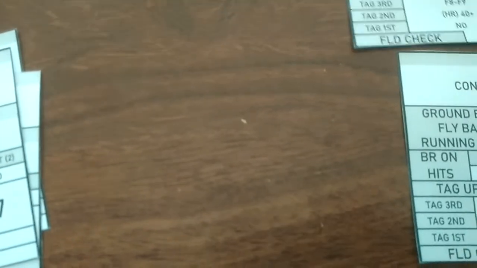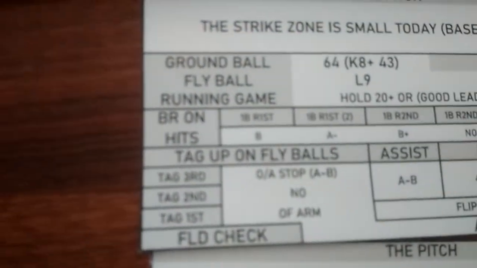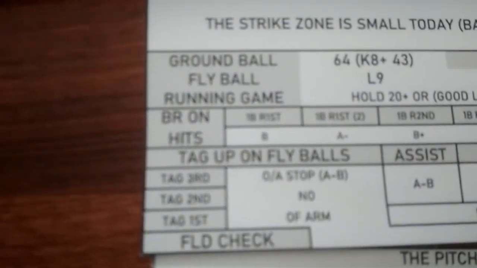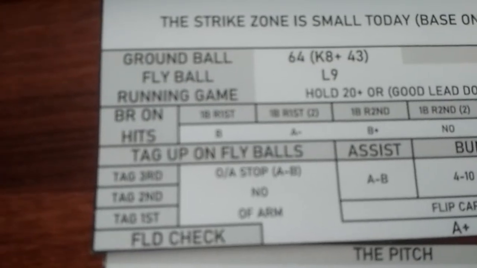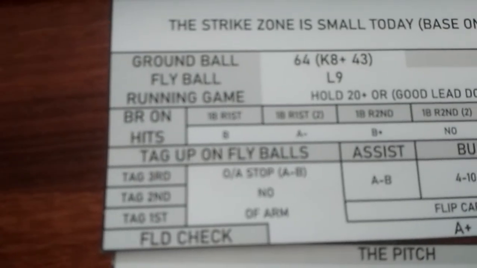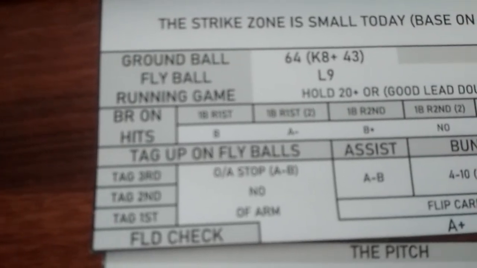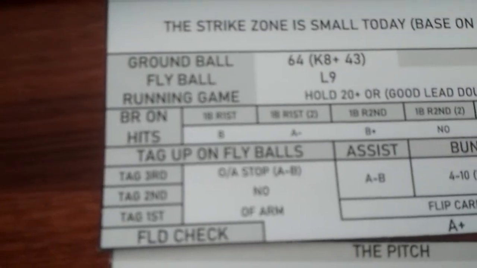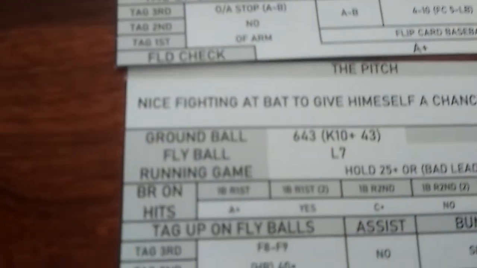And the last ones I've got here are all about the batter's contact rating. So we can see here that there's a force play at second base. Now, if the batter's got a contact of K8 plus, so K8 to K15, then instead of hitting it in front of the runner, so the runner is stranded on the force out, he's hitting behind the runner, so the throw goes to first base, the runner will advance.